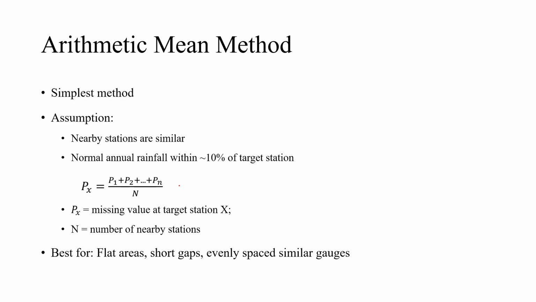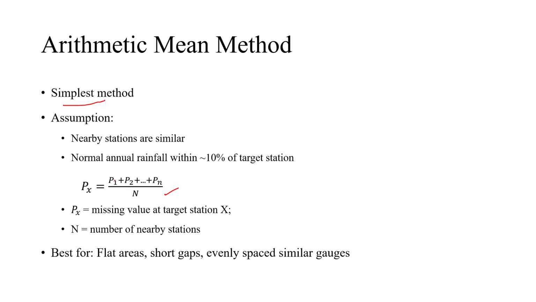Arithmetic mean method is the simplest and most straightforward method. This is basically just taking the average of rainfall recorded at nearby stations, as shown here in this expression or formula: Px is equal to P1 plus P2 plus up to Pn divided by n.